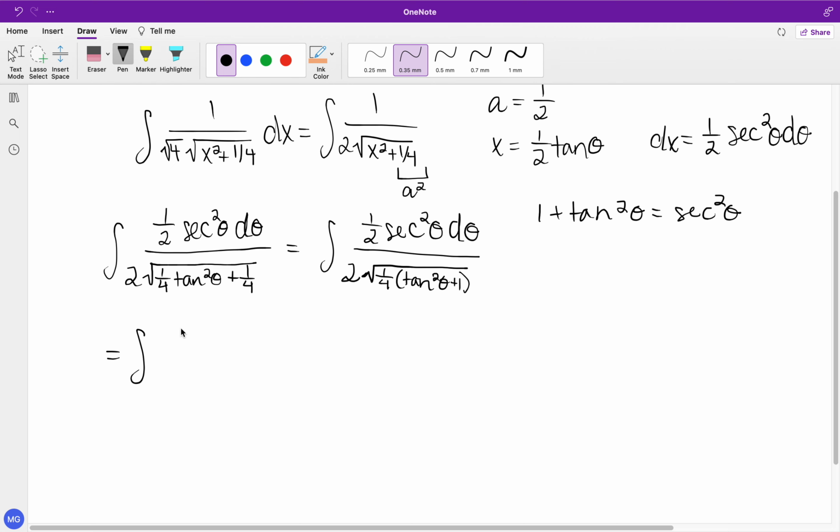We get the integral of 1/2 secant squared theta d theta all over 2 times the square root of 1/4 times the square root of secant squared theta.